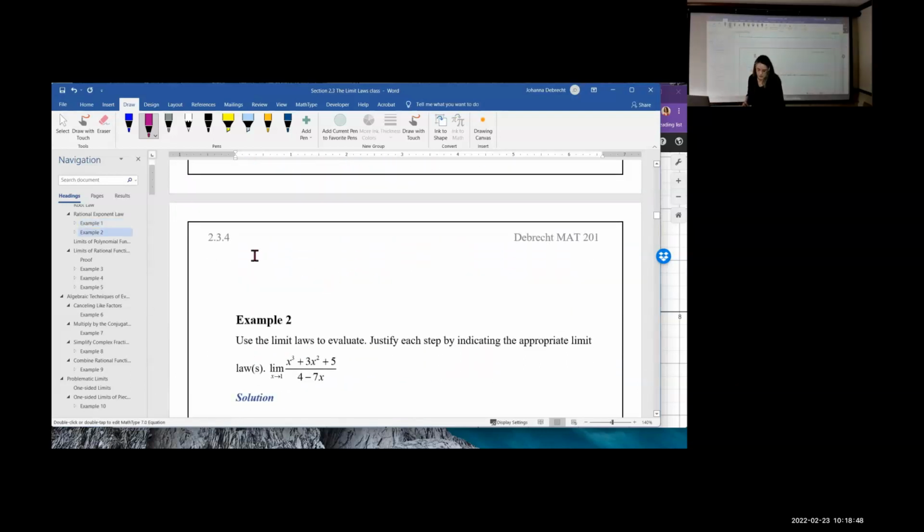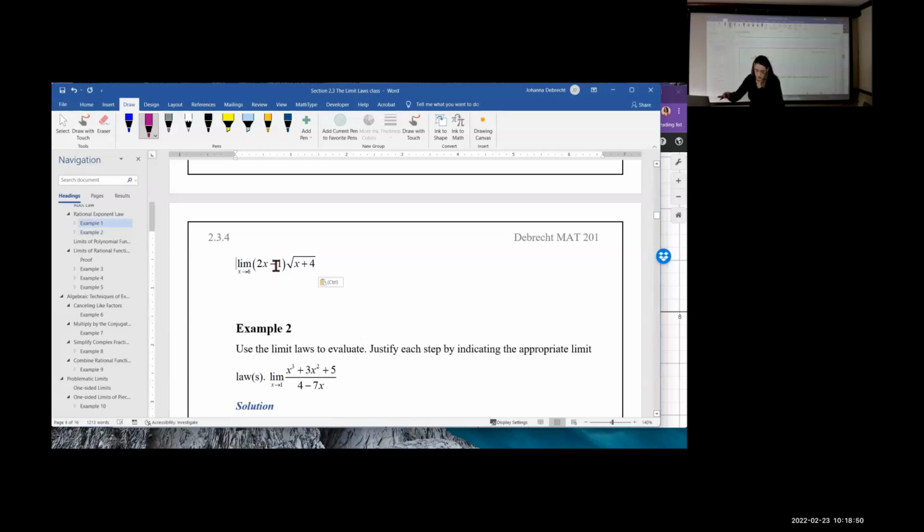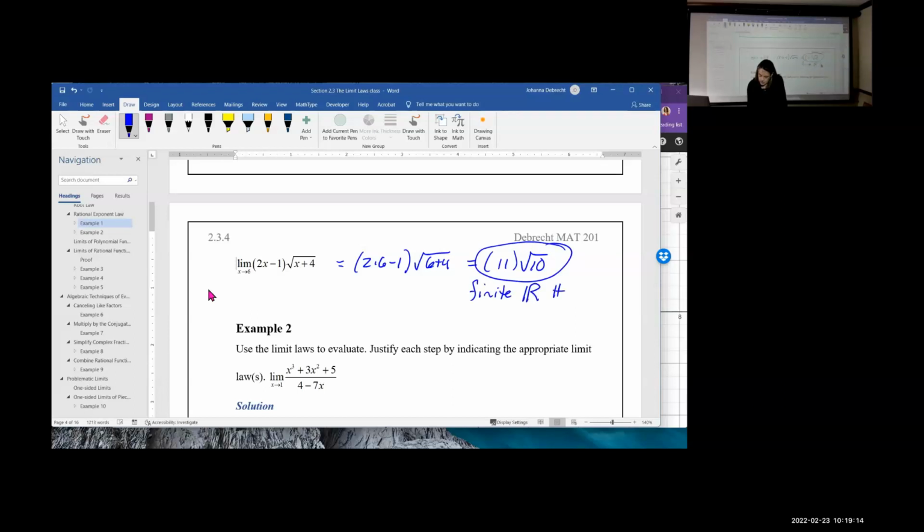If I were actually going to evaluate the limit, I would start at the beginning and I would plug in the value of 6. If I get a finite real number, I'm done. That's really what I do.